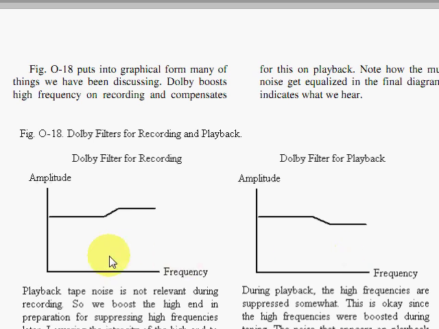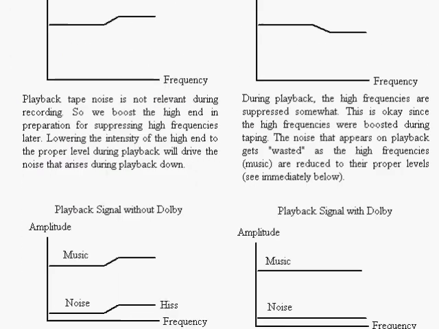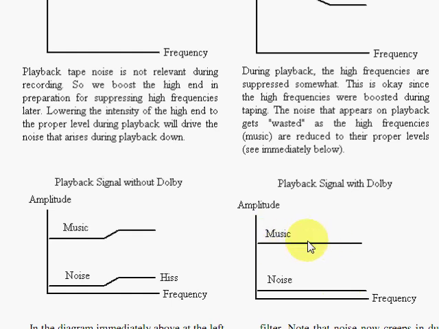See, that's the whole idea. Since the hiss only comes about on playback, tape with the higher frequencies louder and then playback lower, and then you get the same straight line here. Basically you get the same thing for the music, but then the noise, which has that hiss, gets punished and goes down. That's the Dolby system.